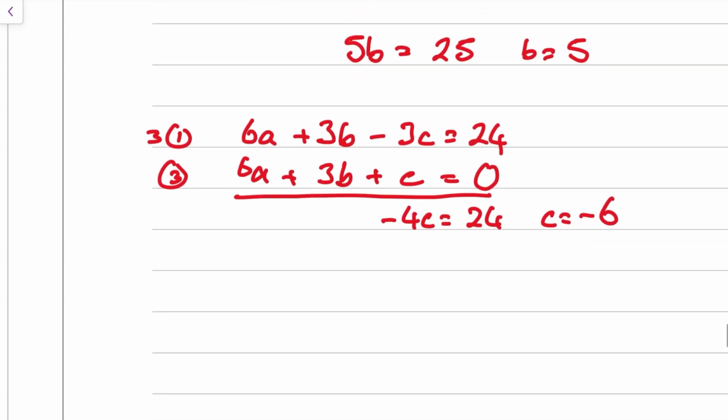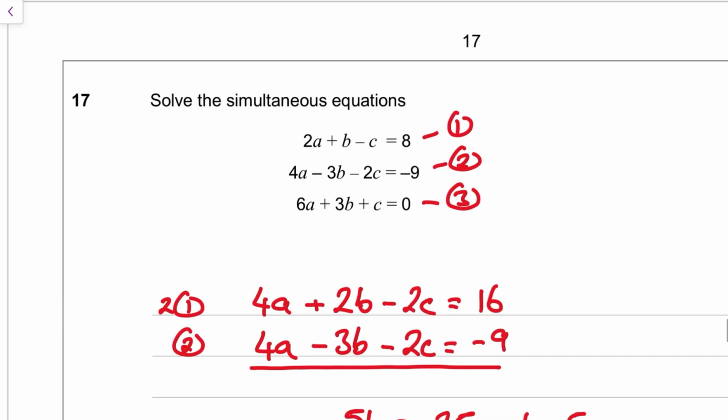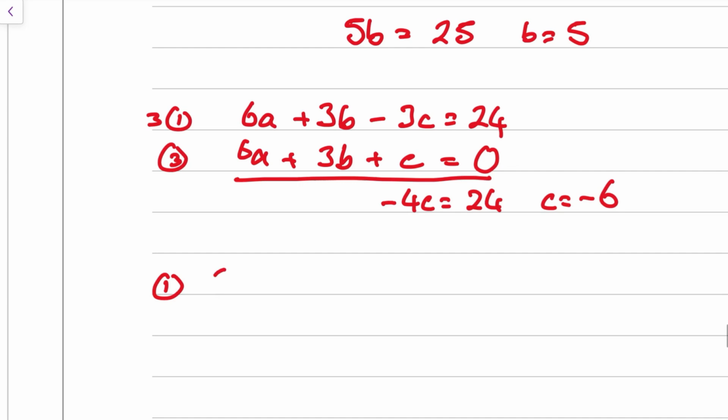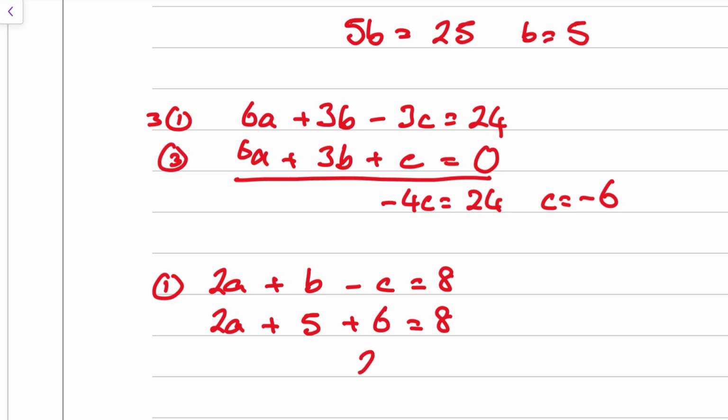Great. Now let's write down equation 1 without multiplying it by anything. So that is 2a plus b minus c equals 8. I know that b is 5, so 2a plus 5. c is minus 6, so minus minus 6 is plus 6 equals 8, which means that 2a equals 8 minus 11, which is minus 3, which means that a equals minus 3 over 2.